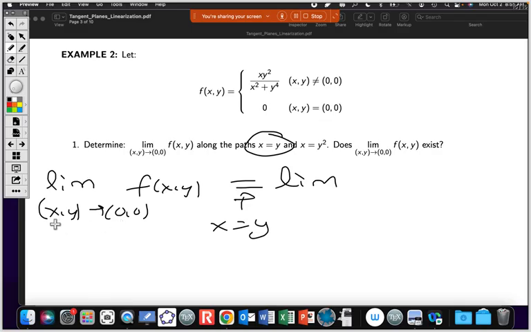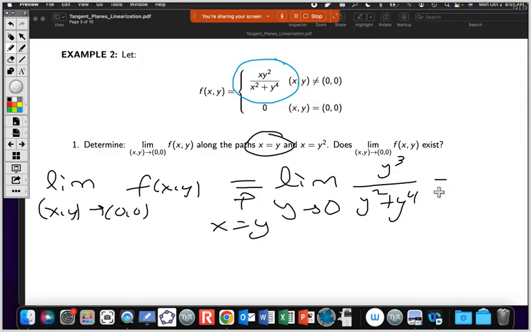y goes to 0 means x goes to 0 and vice versa. So I'll just replace this with the limit on y. And if I'm going into 0, 0, I'm getting close to the origin. I'm not actually at the origin. So what formula do I use? And so we'll plug x equals y in there. I'd have a y cubed divided by a y squared plus y to the fourth.